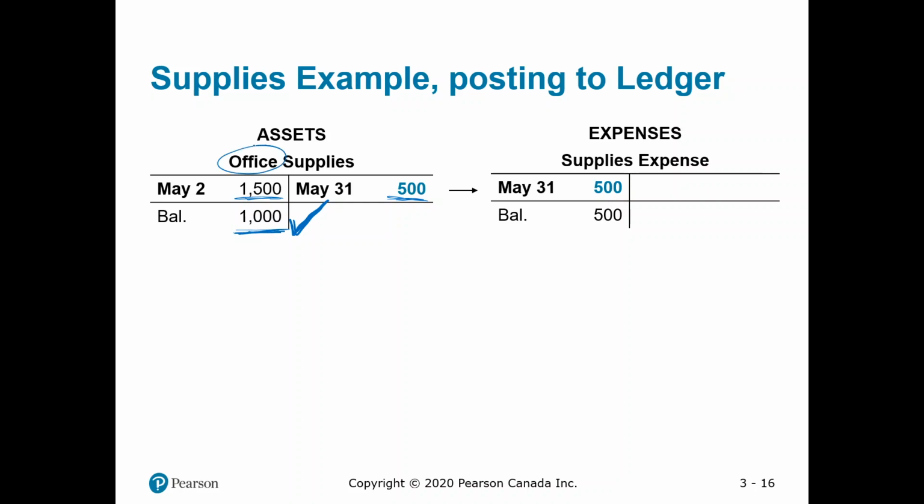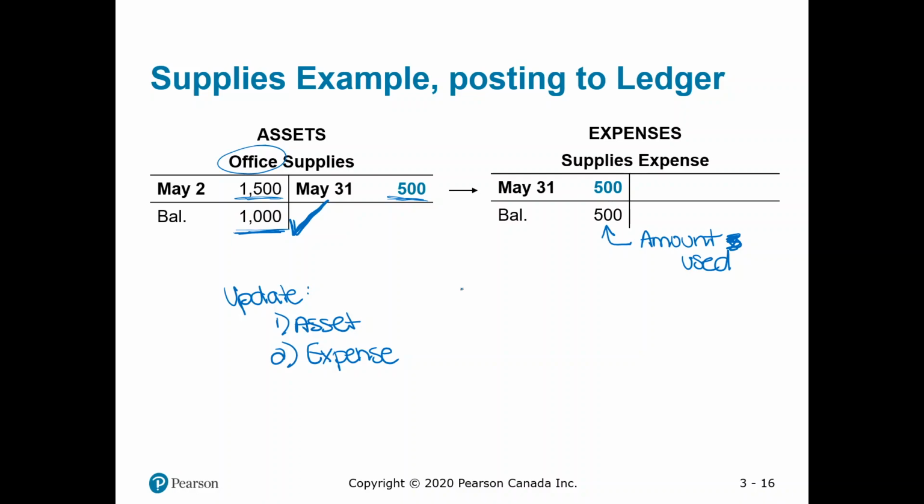It does say office supplies here. We're left with that amount, which is what we want because that's what we counted. And this $500 here is the amount used. So we used up $500, that's the expense. So again, this is a prepaid expense. By doing this, we're updating the asset and the expense amount. So we hit both when we do these entries.